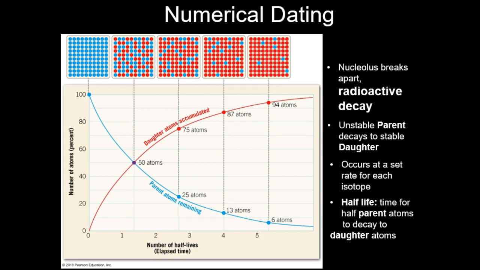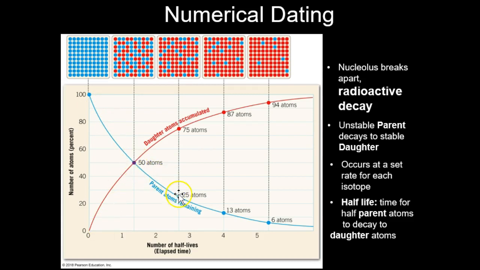So every half-life that passes, which is, again, going to be here on the x-axis, half of the parent material will decay to the daughter material every time. So again, if you start with 100 parent material, blue is the parent material, at one half-life, you have 50 of the parent material and you have 50 of the daughter material.